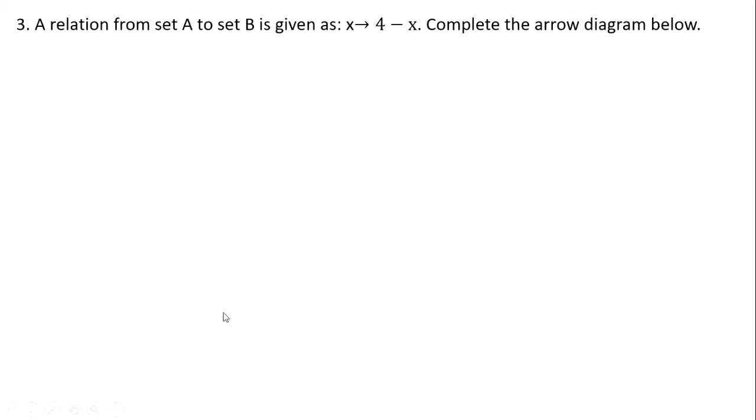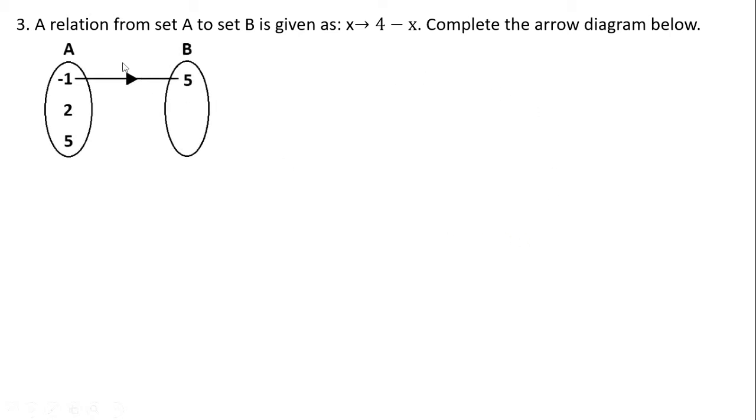A relation from set A to set B is given as x maps onto 4 minus x. Complete the arrow diagram below. So the values in A are representing x and the values in B are representing y.